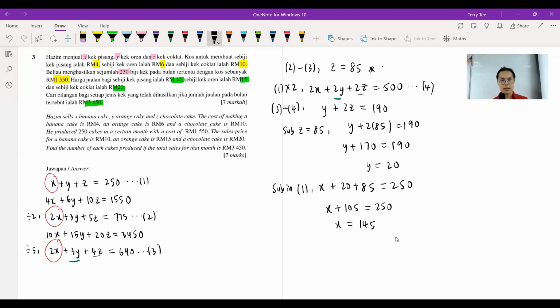So your bilangan cake, you write down your cake pisang. Cake pisang, how many? You make 145. Cake orange is your y, which is 20. And cake chocolate is your z, 85. Okay.